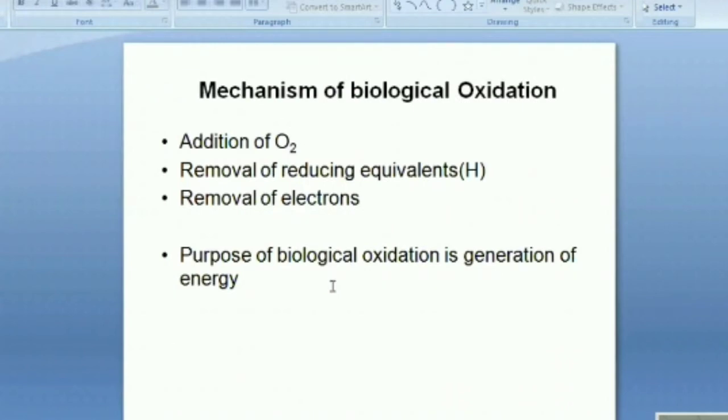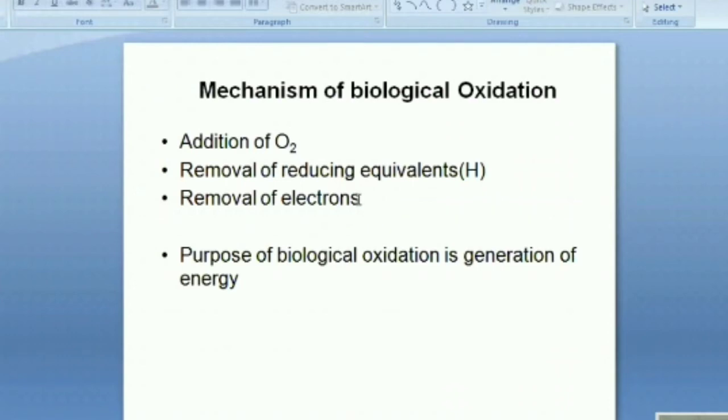Mechanism of biological oxidation, very simple to mention. Addition of oxygen. This is the definition from our SSC and HSC level classes, intermediate level classes. Removal of reducing equivalent. This is from HSC level, and at this level of graduation, we must remember that removal of electron is termed as oxidation.